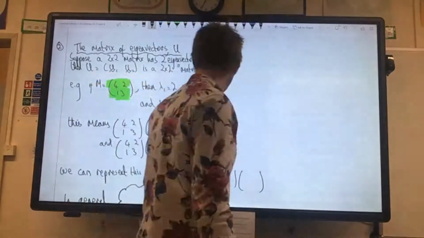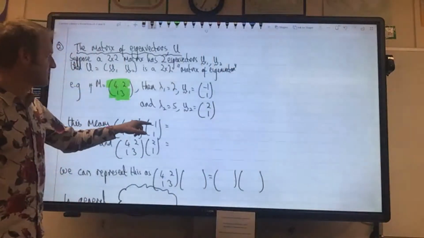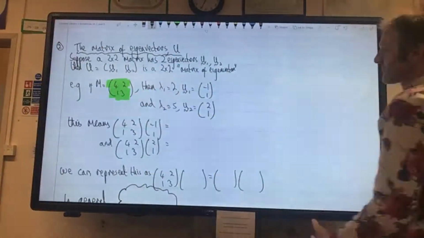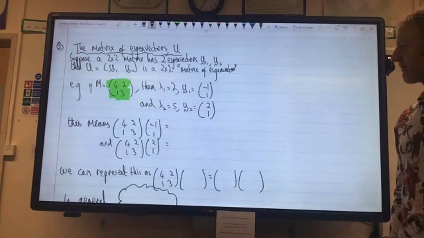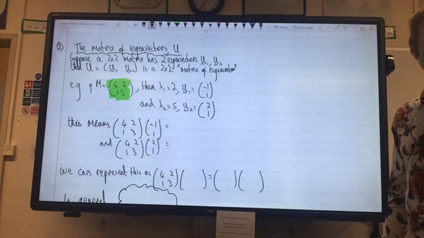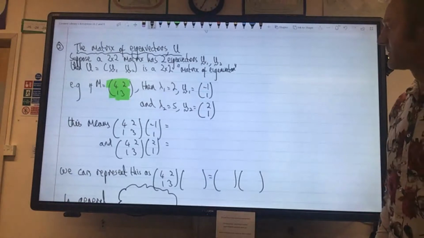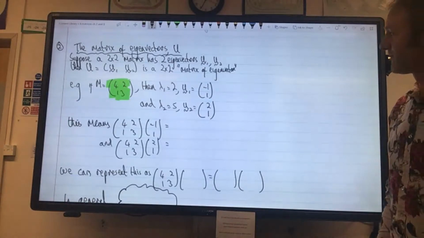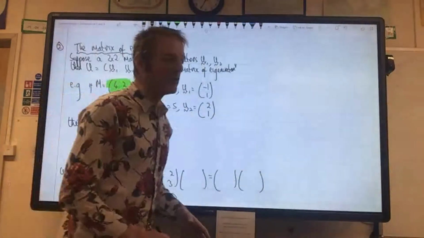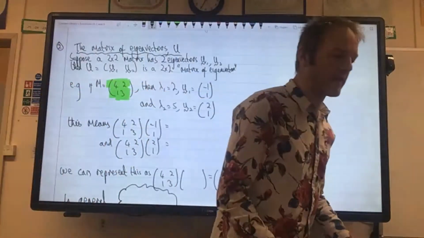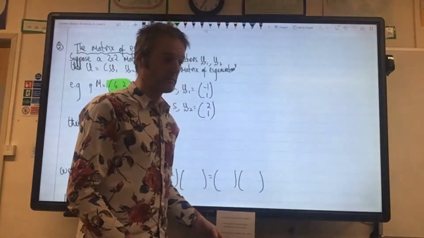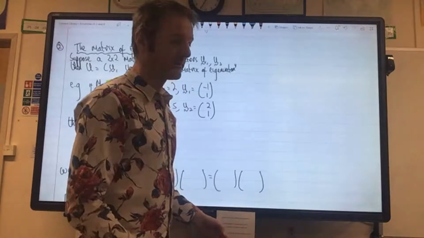Which of course means, and I'm going to pick on someone to check that they understand, that 4, 2, 1, 3 times -1, 1 must equal what, Casper? It's going to equal -2, 2. Yeah. Now, did you do that by multiplying it out, or did you do it using the fact that they were eigenvectors? I used the fact that they're eigenvectors.